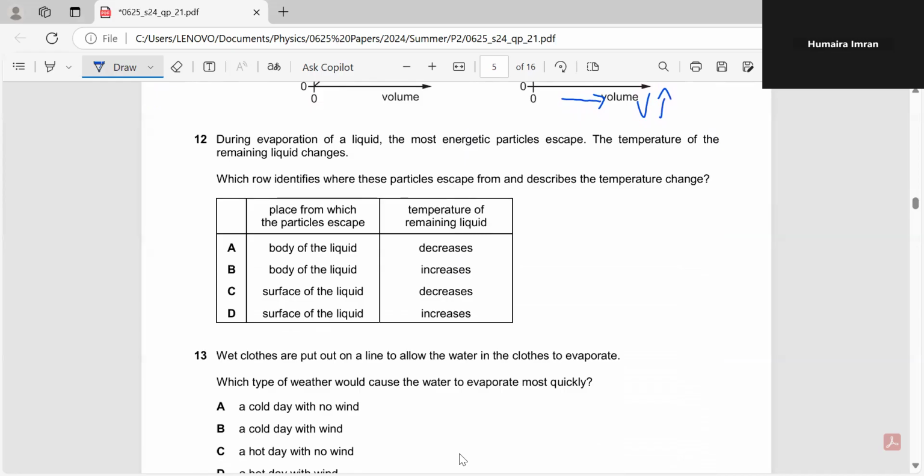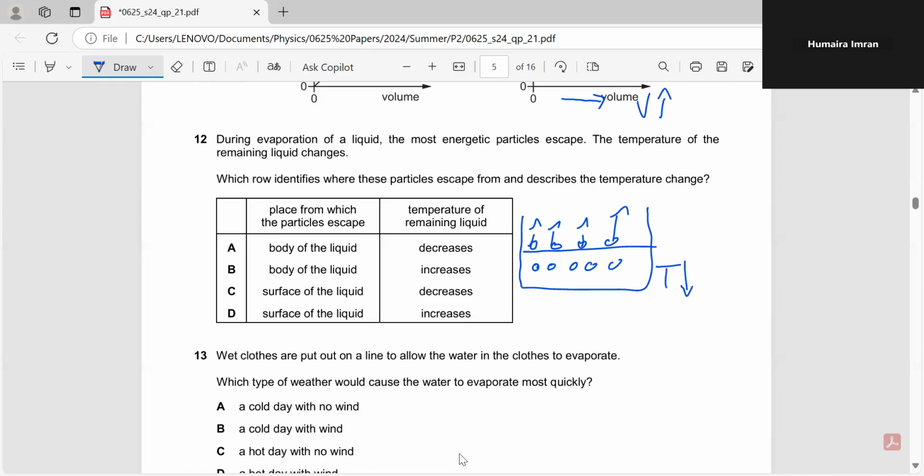In evaporation, the most energetic particles leave from the surface. They escape from the surface, taking the maximum of the energy with them because they are more energetic. And they are leaving behind the particles which are less energetic. In this case, temperature keeps on decreasing, right?